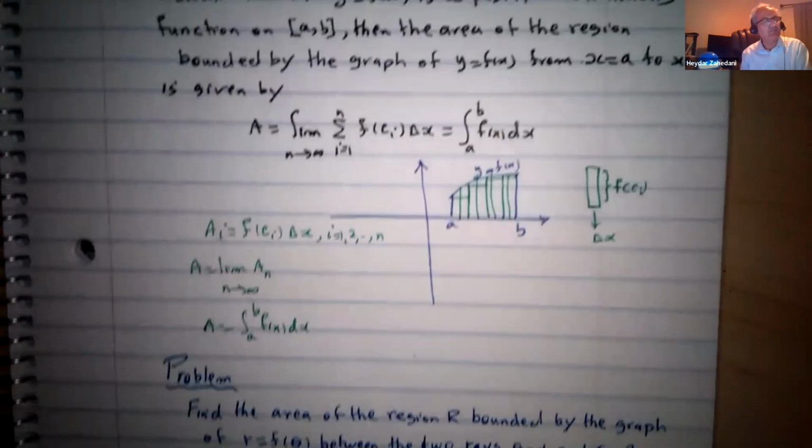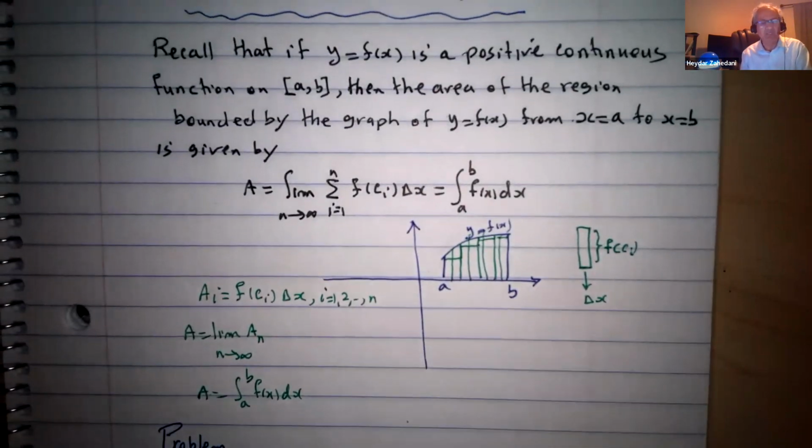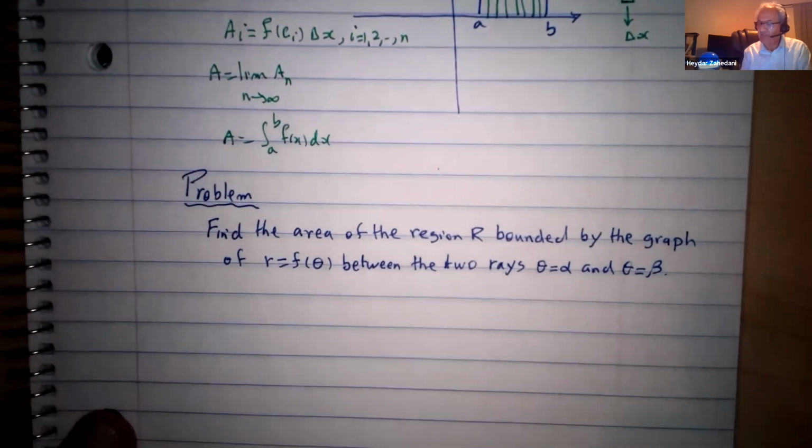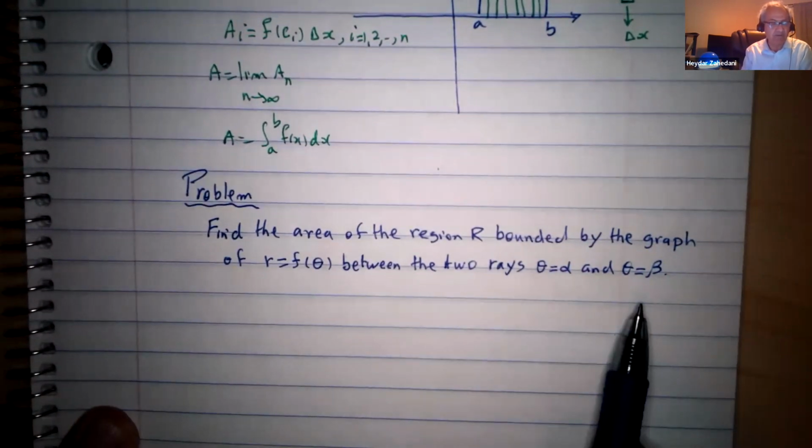It's like the function that we did, where we wanted to find the area between a and b. Now it's going to be between alpha and beta.